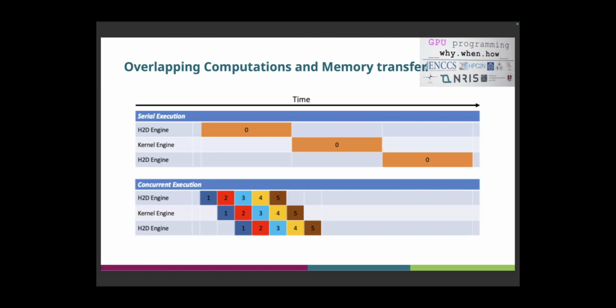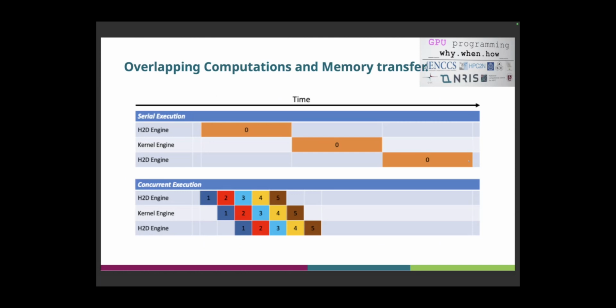So these are three engines on the GPU that can do things concurrently. In the original code for vector addition, we copied the data, and when the data is on the GPU, we reach this point. The data starts to be processed on the GPU. Now we reach this point, and the data gets copied back to the CPU.